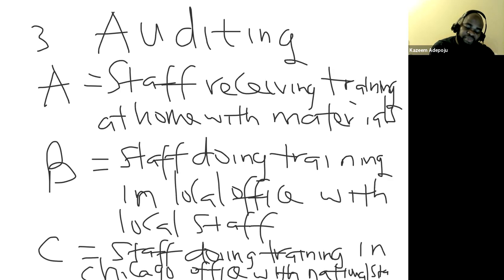Okay, with national staff, because Chicago is believed to be their national office. Now these are the three levels of training.